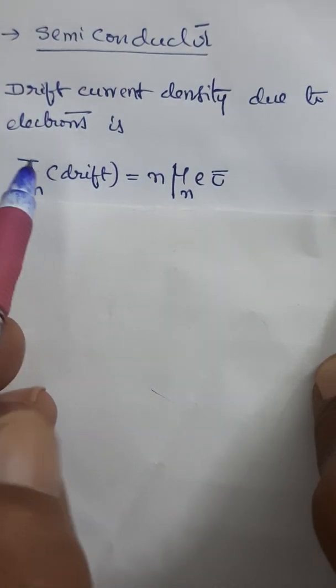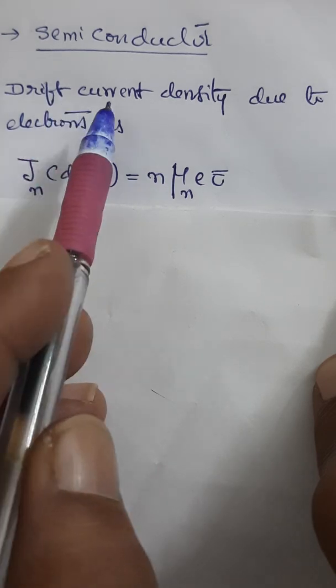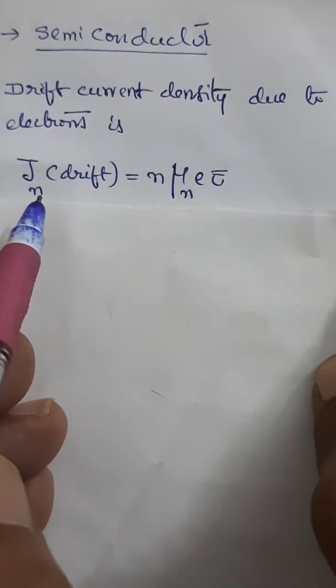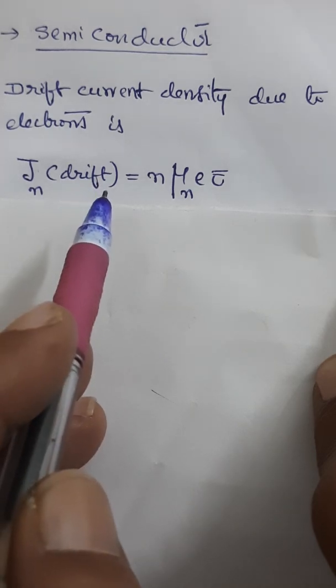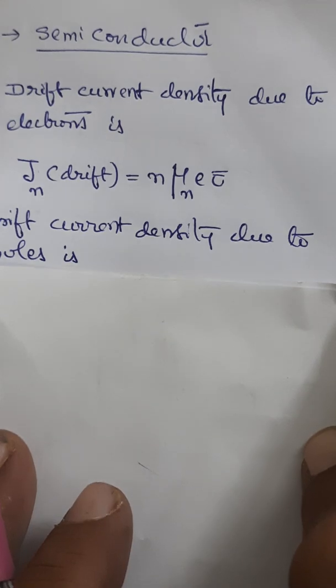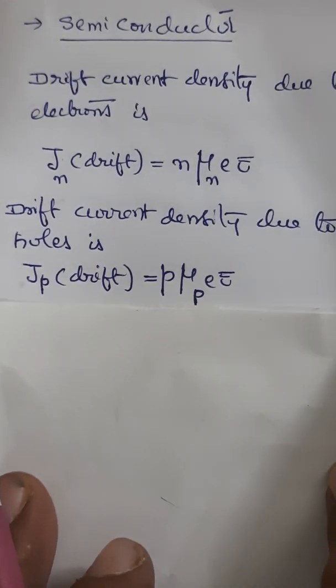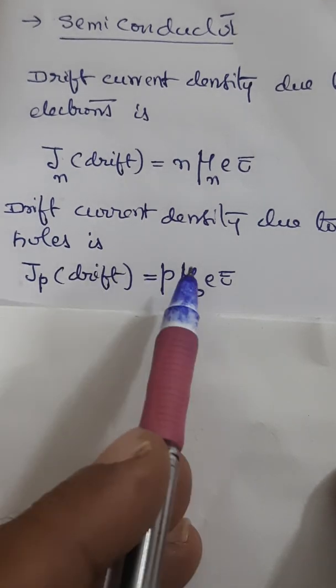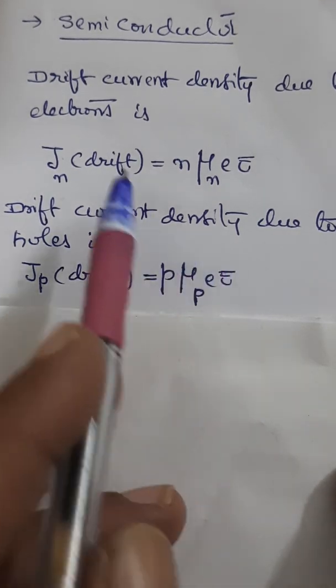Similarly, for drift current density due to holes, wherever you have n, you will get p. Therefore, drift current density due to holes can be calculated as Jp drift, p mu p E.